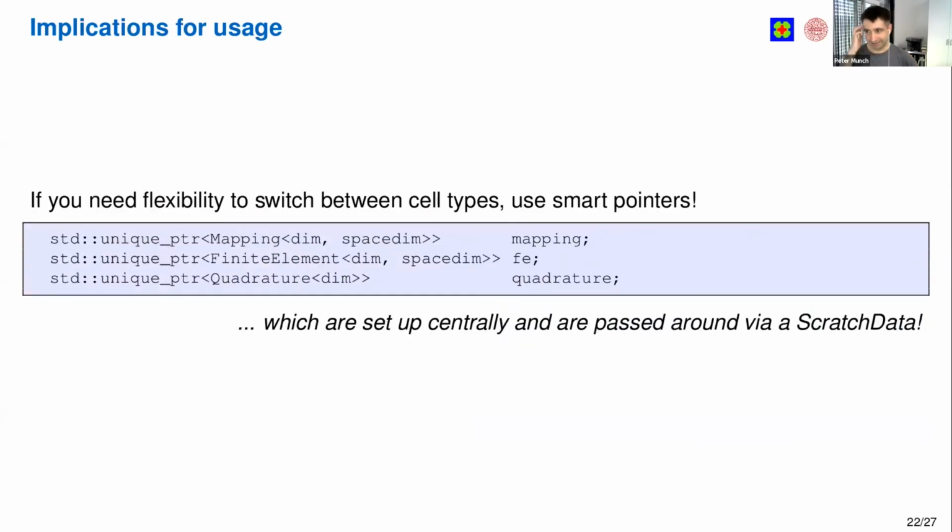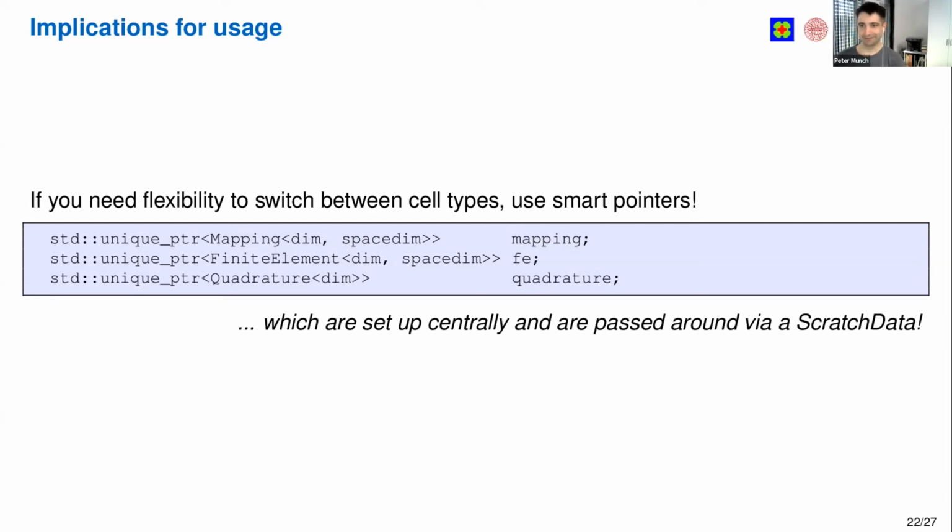Now I would like to make some general comments on how to use this new infrastructure. So first suggestion is that you more or less create the mappings and finite elements and quadrature rules at one central place. From the tutorials, you've probably seen that it's often created right before FEValues or whatever.